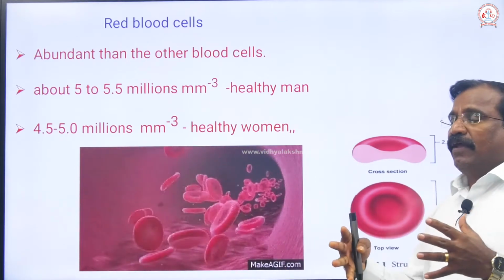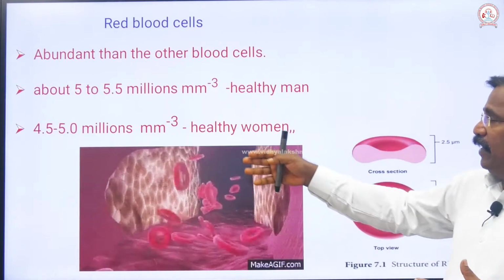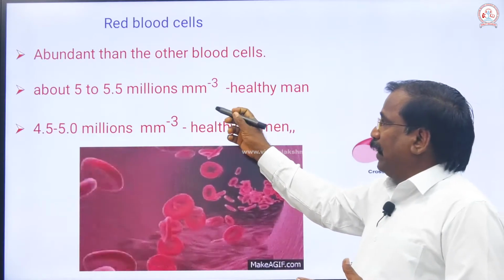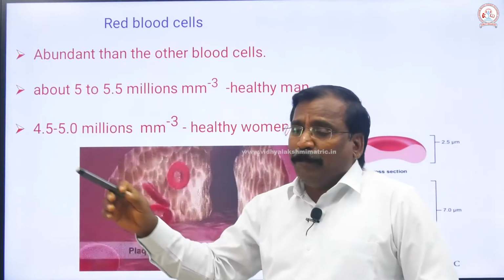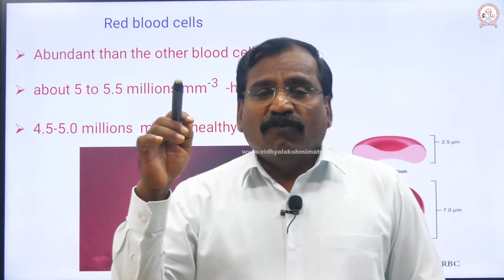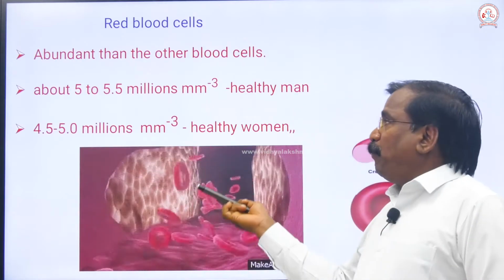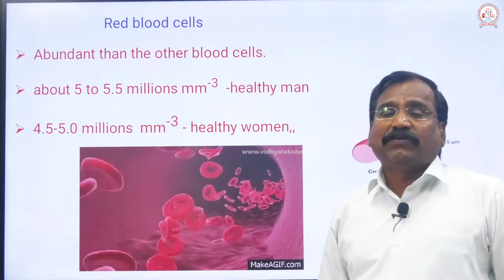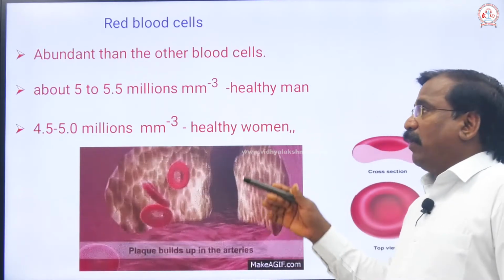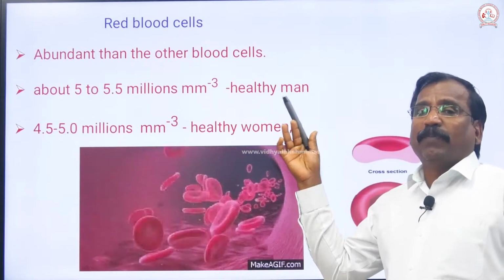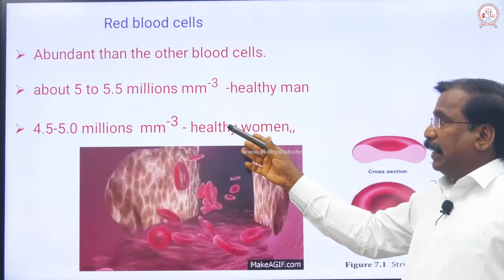Listen, in a healthy man, per cubic millimeter there are about 5 to 5.5 million RBCs. The blood of a normal human contains that per cubic millimeter.